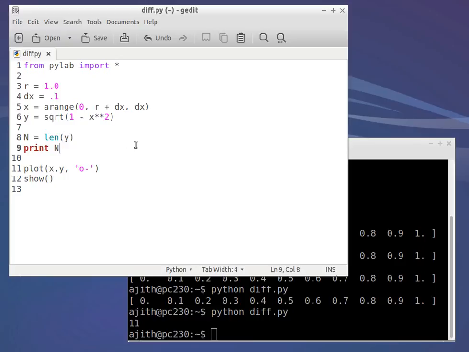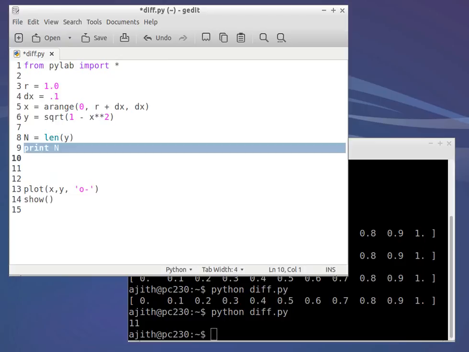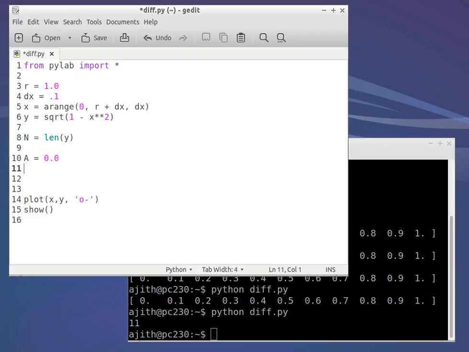Okay, so how do we calculate the area of this trapezoid? So let us proceed with that calculation. Assume the total area starts with 0, then we start a for loop in a range of n minus 1. I told you, if there are n points, there are only n minus 1 trapezoids.